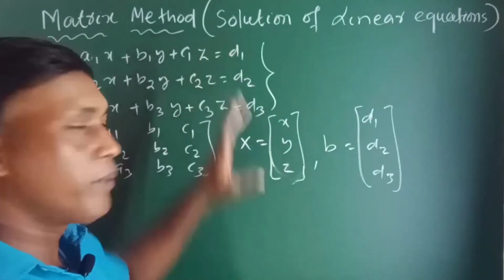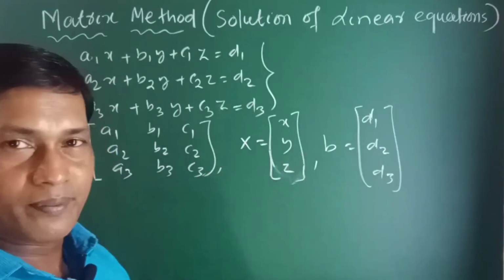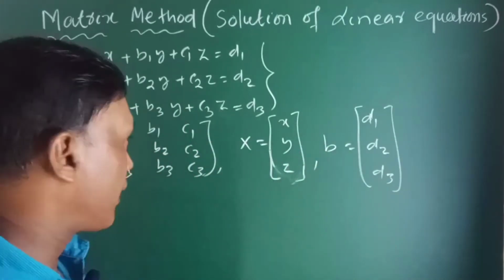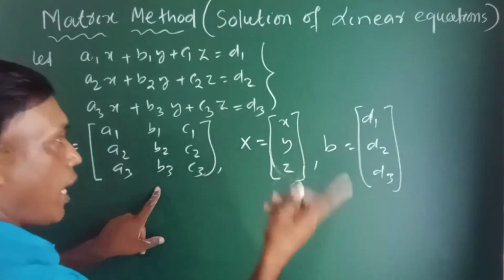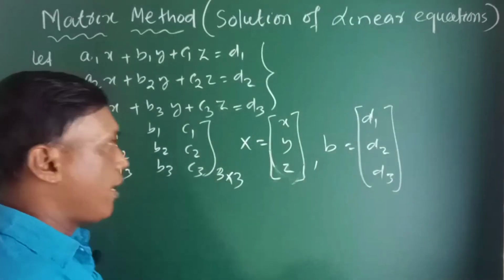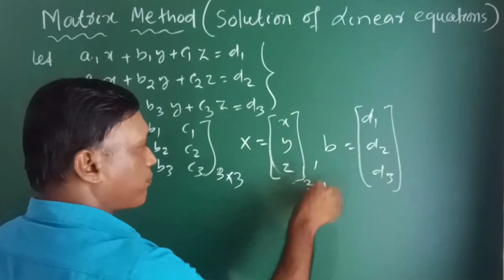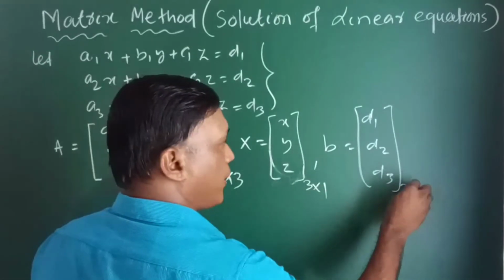So if you are given a system of equations, then find 3 matrices A, X, B. Now, dear students, the product of these two is equal to this. How? Look here. This matrix is of order 3 cross 3 and this is of order 3 cross 1, 3 rows, 1 column, and this is also 3 cross 1.